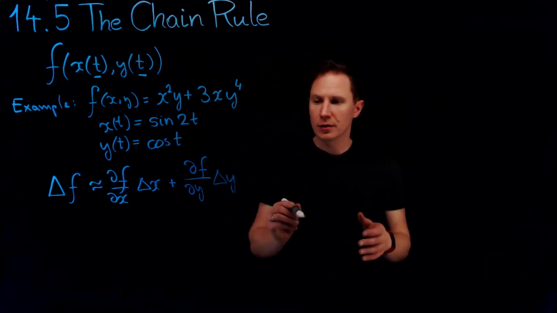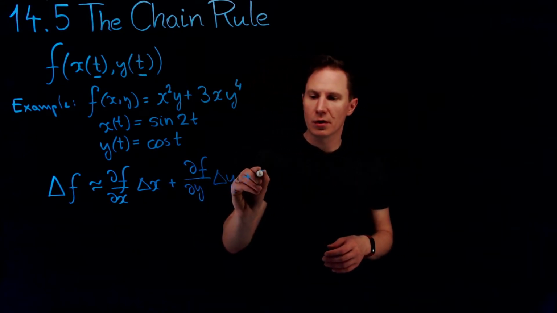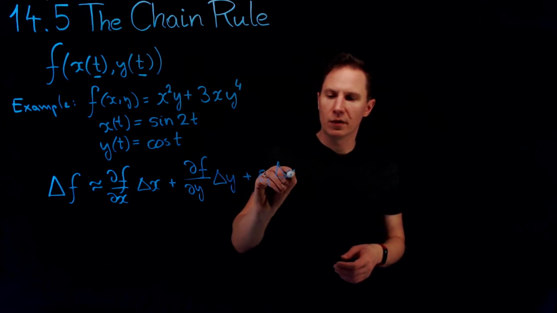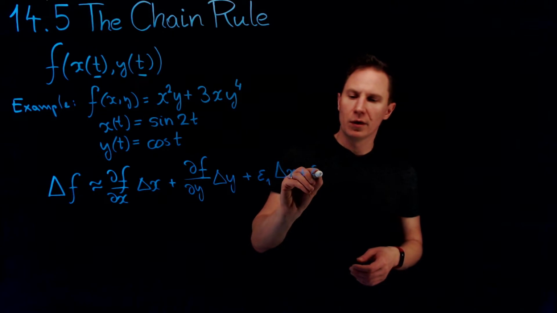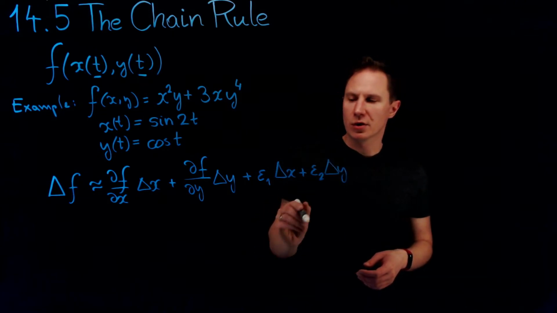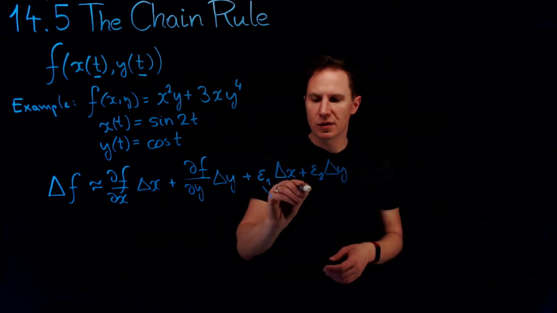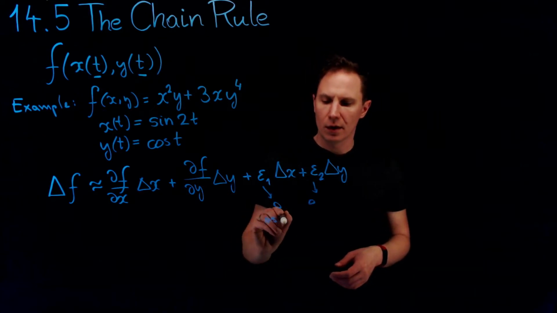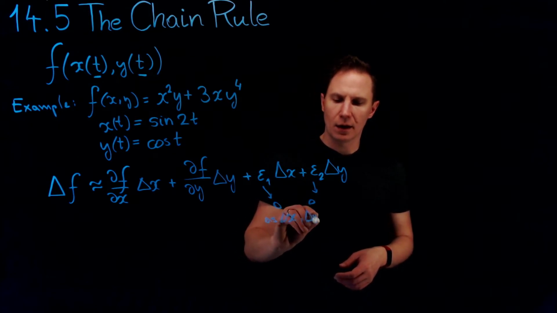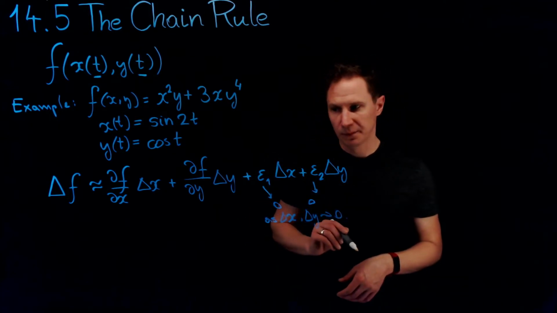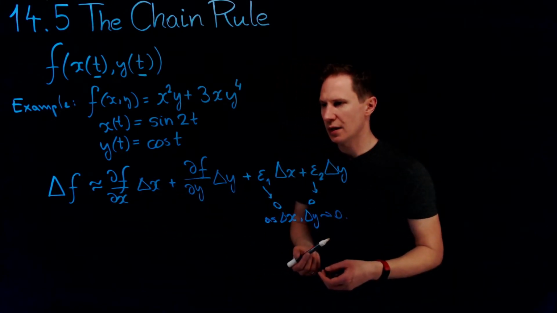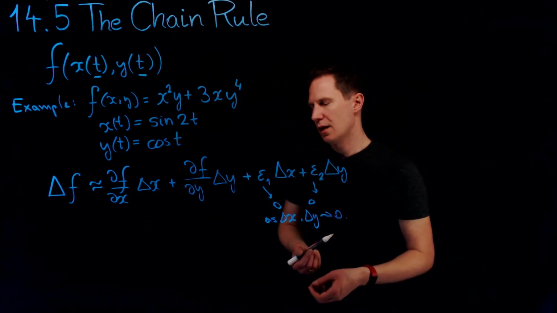And then there are further terms, which can be denoted as epsilon 1 times delta x and epsilon 2 times delta y, in which these epsilons go to 0 as delta x and delta y go to 0 respectively. Compare this to the tangent plane approximation that we had earlier.